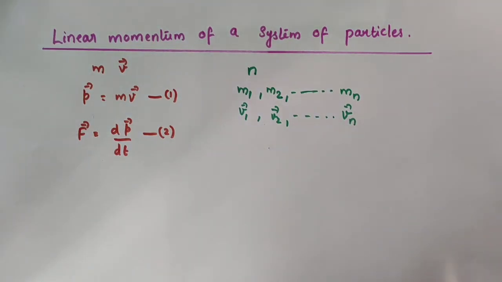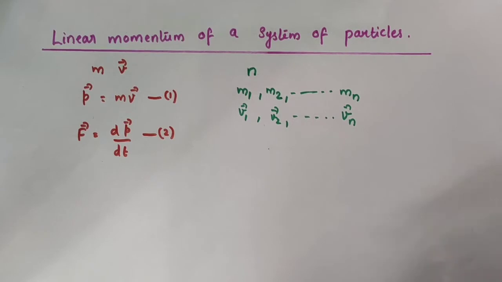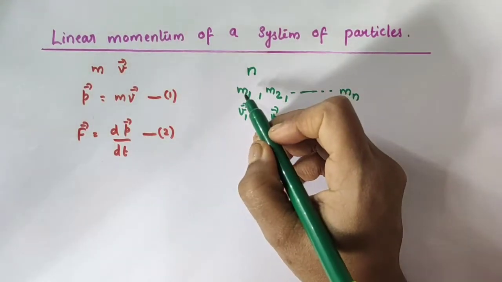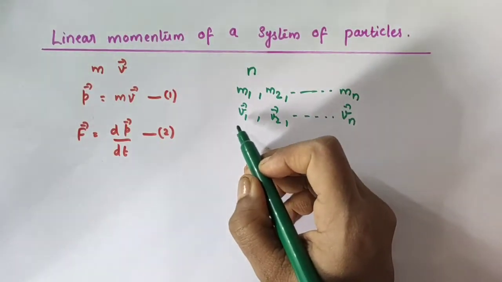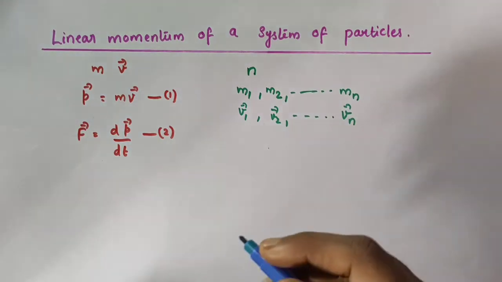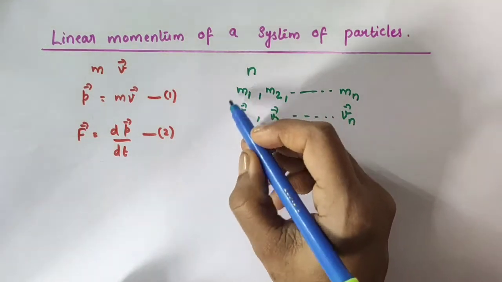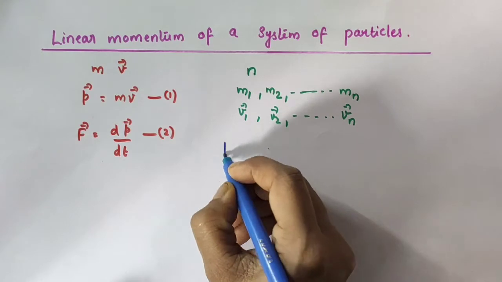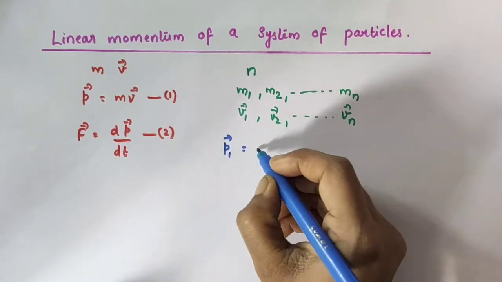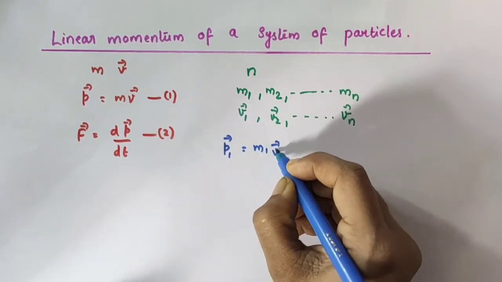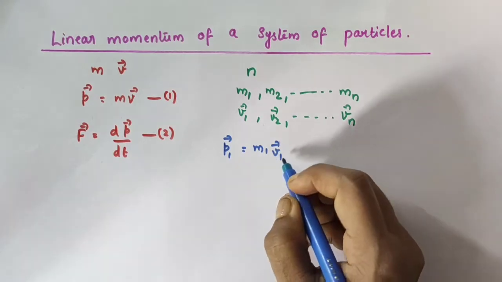Now consider the first particle. Its mass is m1 and its velocity is vector v1. So the linear momentum of the first particle is vector p1 equal to its mass into its velocity, that is m1 into vector v1.